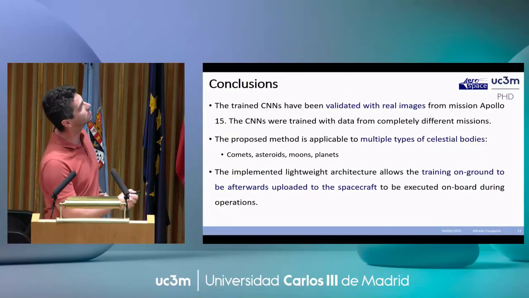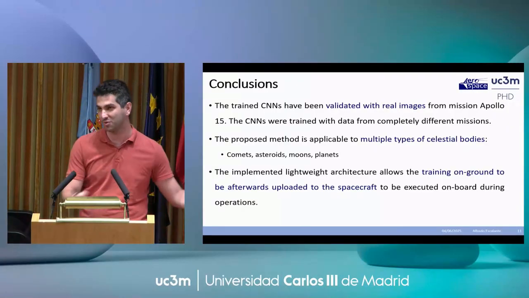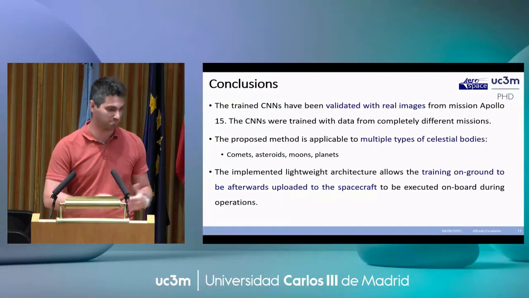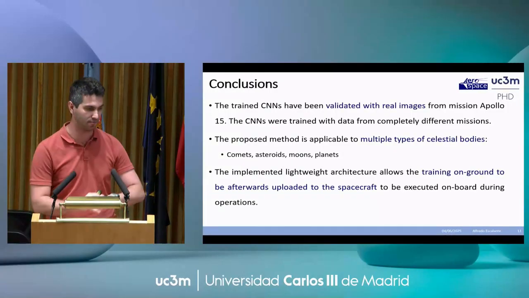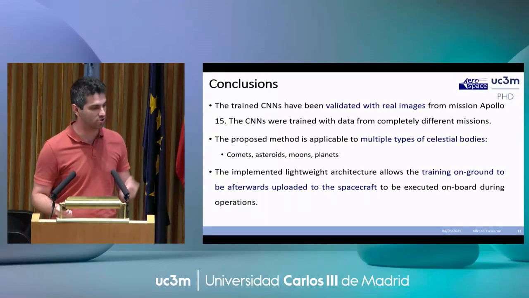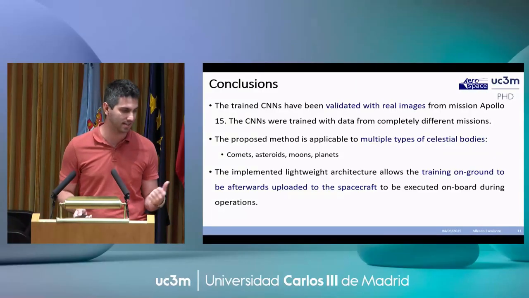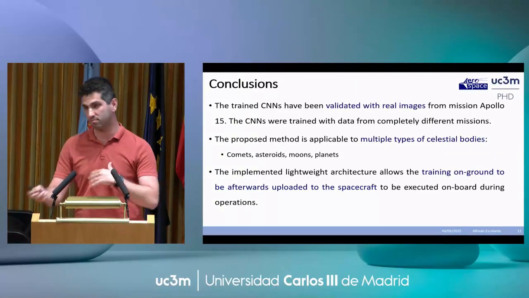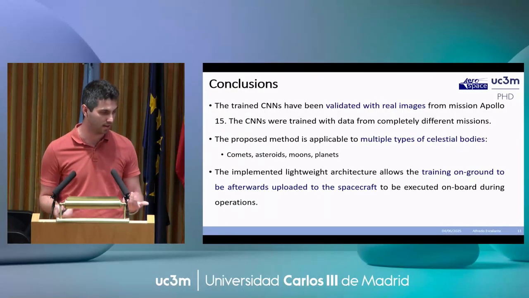So some conclusions: we have validated the network with real images, from a mission which is 40 years old. So it actually fills the gap between synthetic and real images for various scenarios, completely different operational regimes. Also, the proposed method is applicable to multiple types of celestial bodies. We have tested it on comets, asteroids, moons, larger moons, and planets with atmosphere and which are active.